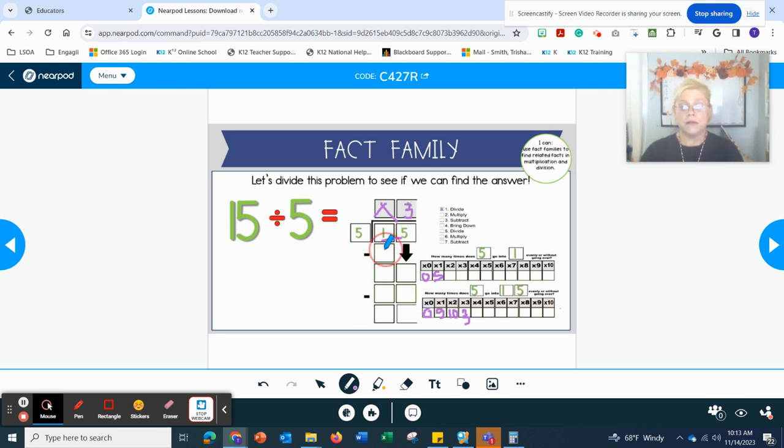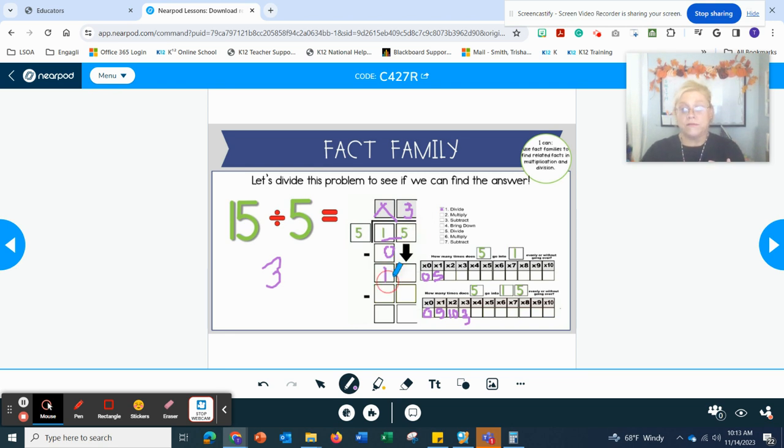The checklist does say divide, multiply, subtract, bring down. This is how you do it. So we multiply, we subtract. So 5 times 3 is 15.